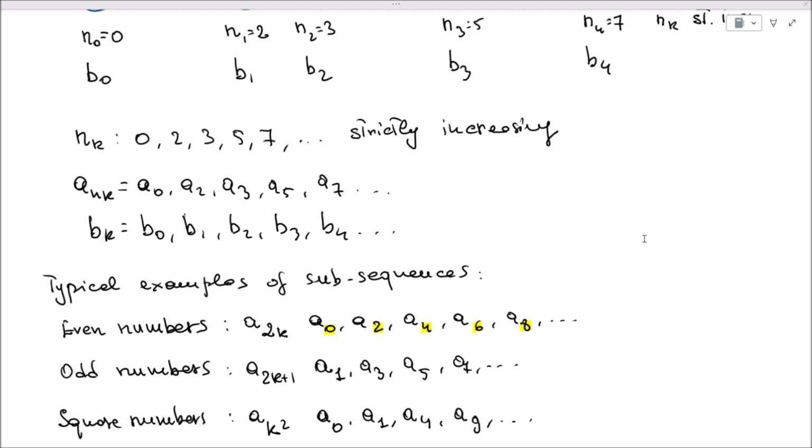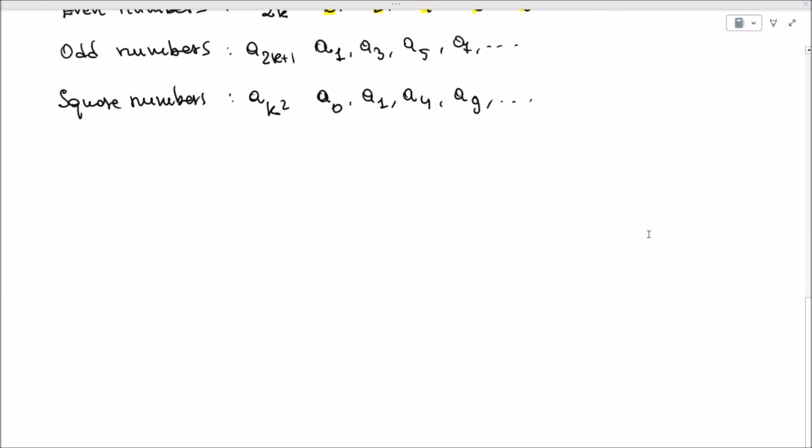Now that we know what a subsequence is, we can state the following important theorem. Let b_k be a subsequence of a_n.